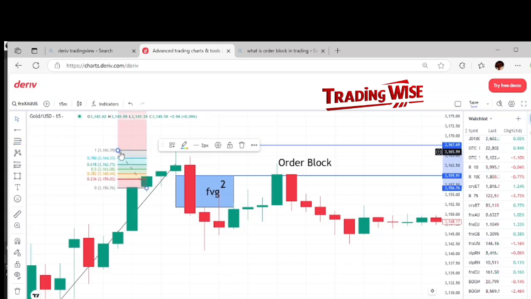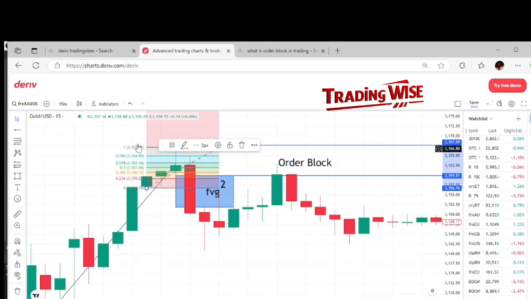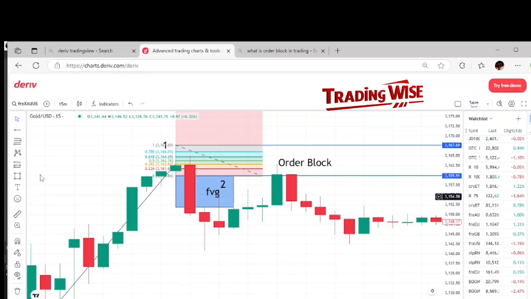If I'm going to measure this order block, I want to take the 50. If I measure 50% of it, let me then delete this.